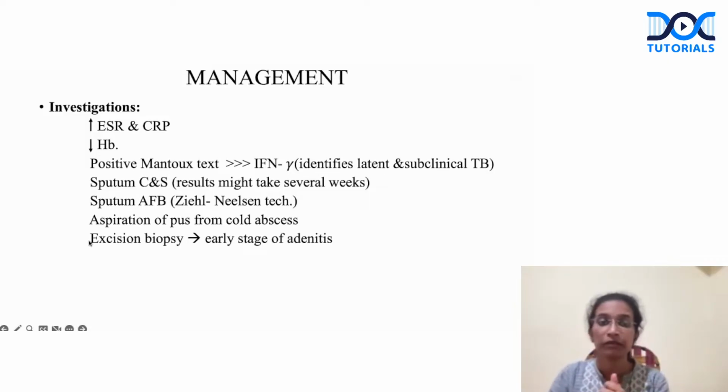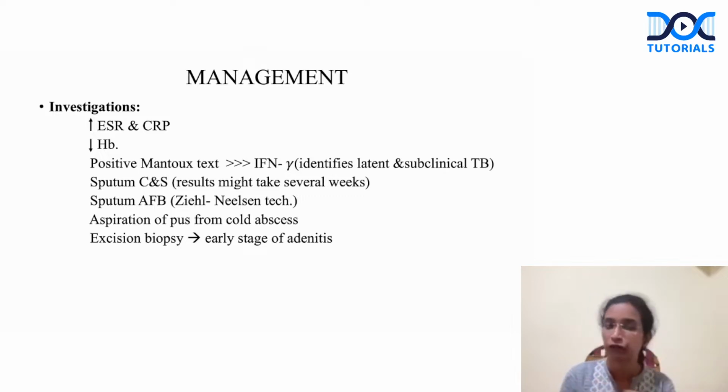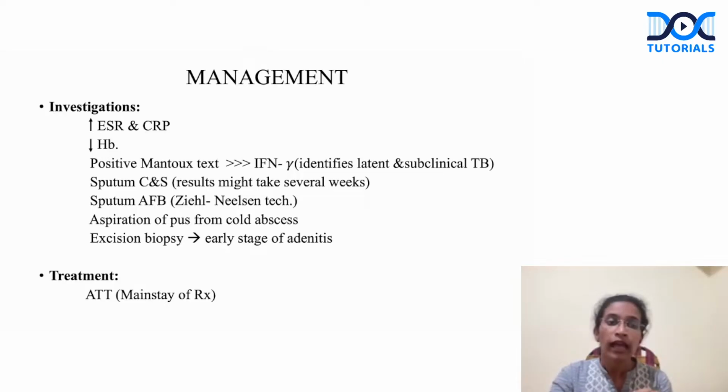Even excision biopsy can be done, but it is done only in the early stage of adenitis when it is lying deep to the deep cervical fascia. Even at the lymphadenopathy, periadenitis, matted lymph node stage, you can also try the excision biopsy. You also need to perform investigations to rule out systemic involvement. And for treatment, the mainstay is antitubercular drugs, ATT, but this is done after confirmation with histopathology, stains or culture. After confirmation, you can start ATT.